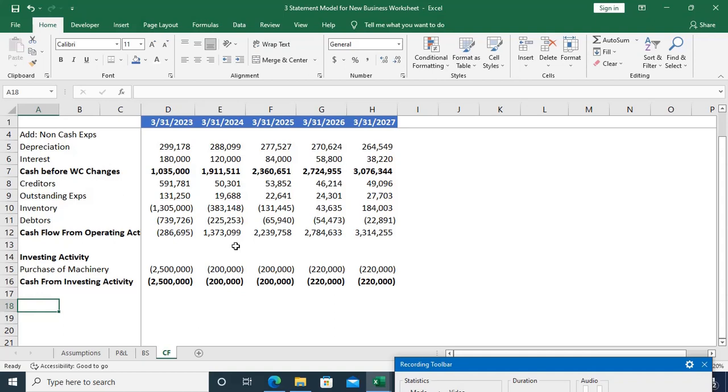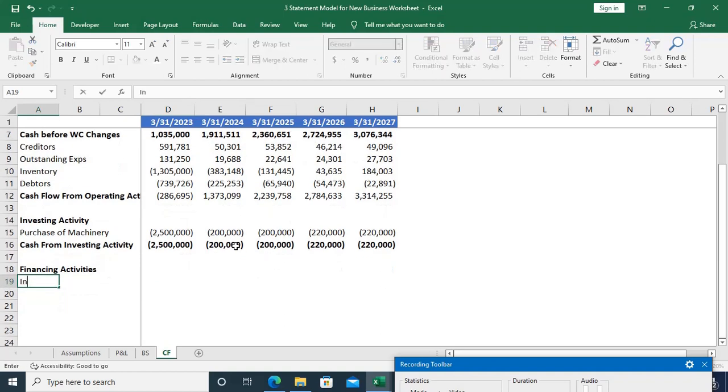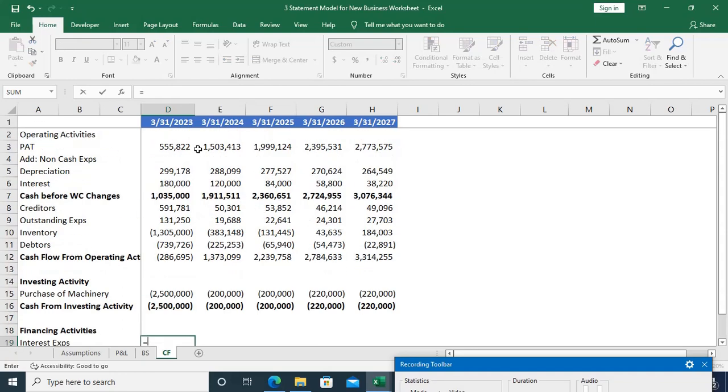which is financing activity. We need to do this thing now. Cash flow from investing activities, it is done. Now financing activities. In this, what is there? We have interest expenses, which we earlier removed.